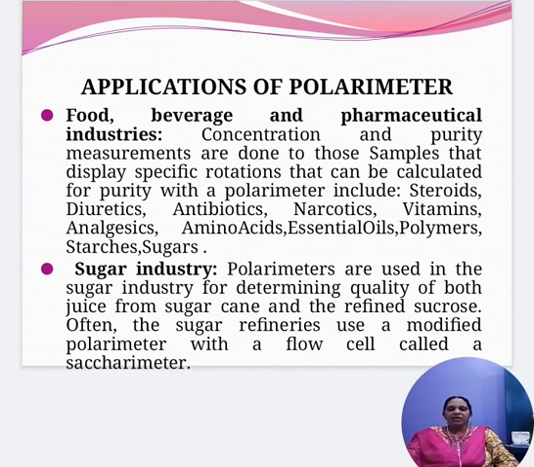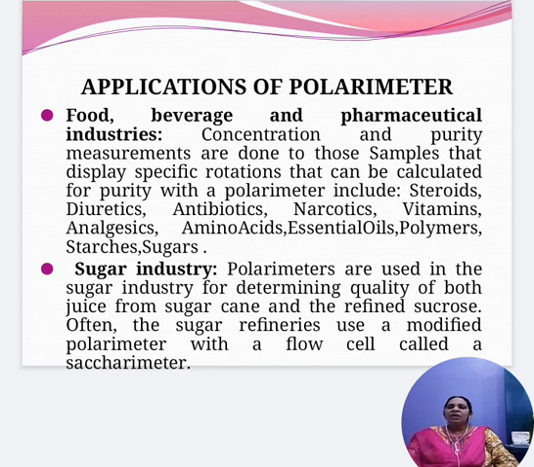These include steroids, diuretics, antibiotics, narcotics, vitamins, analgesics, amino acids, essential oils, polymers, starches, and sugars.